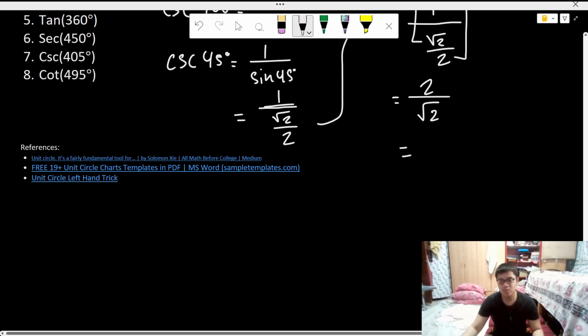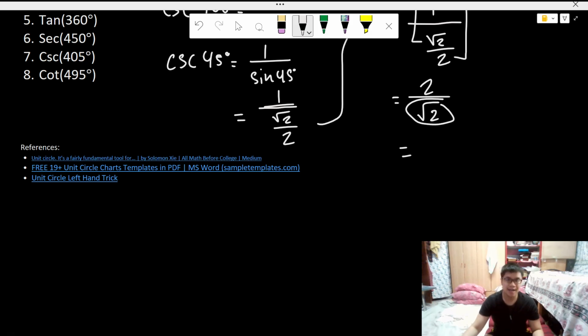We can simplify this one because, in simplifying a fraction that has a radical term in the denominator, we can eliminate the radical term from the bottom. How? By rationalization: you multiply both the numerator and denominator by the radical.